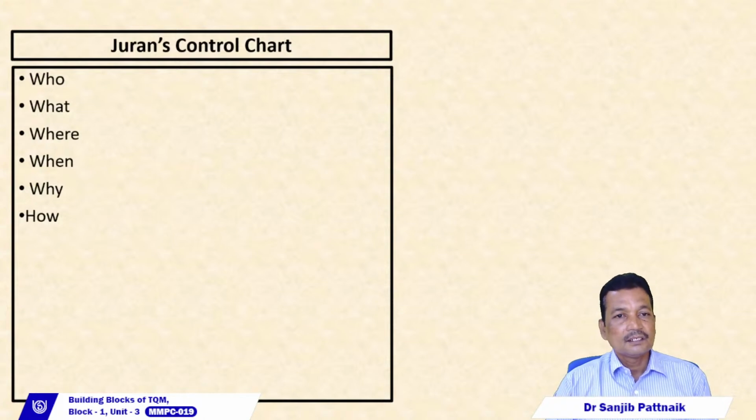Duran's control chart, as we said, he has given a control chart where we have to answer questions to activities like who. When we say who, questions can be who does it, who else can do it, who shall do it.